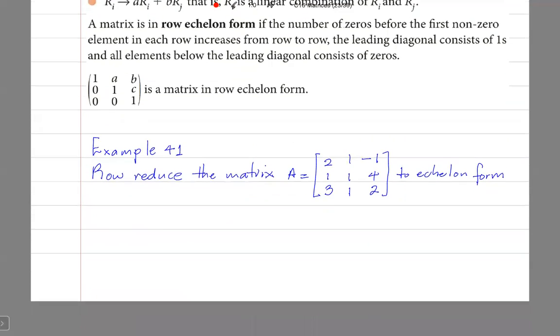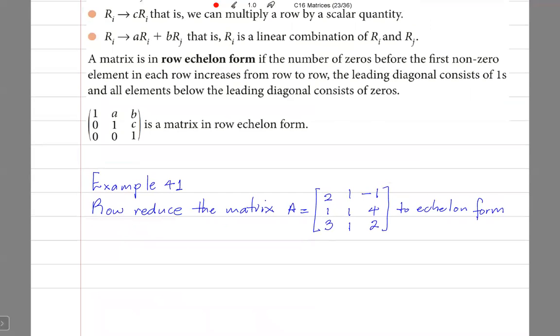So example 41. Example 41 says row reduce the matrix A to echelon form. All right, so we need to get this matrix in echelon form, and we need to do it by row reduction. So what's my first step?